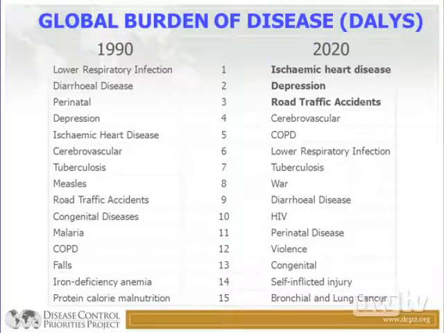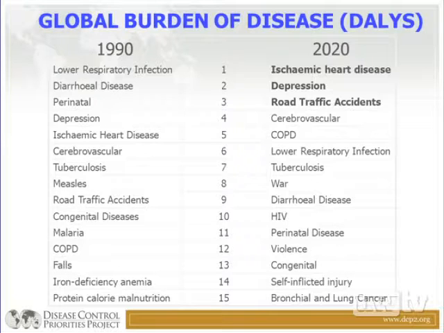So there are various ways of prioritizing or looking at these things quantitatively. This shows the global burden of disease, in terms of disability adjusted life years, or DALYs.